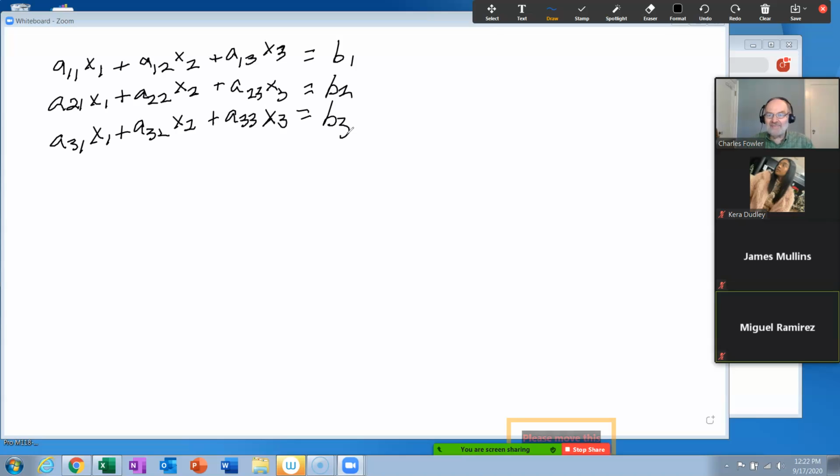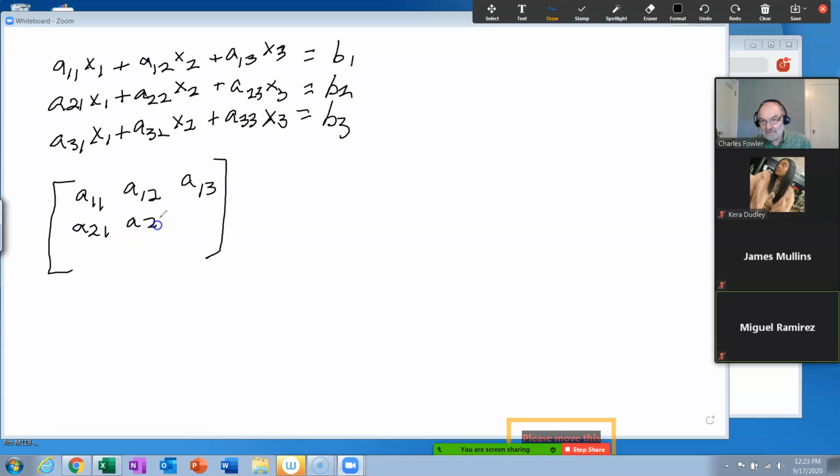Now, we can also write that this way. We can write it as a coefficient matrix, and we've done this before, but not quite this way, because we didn't do multiplication at the time. Coefficient matrix is A11, A12, A13, just the coefficient matrix, not augmented. A21, A22, A23, A31, A32, and A33.